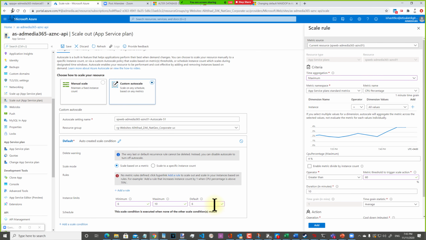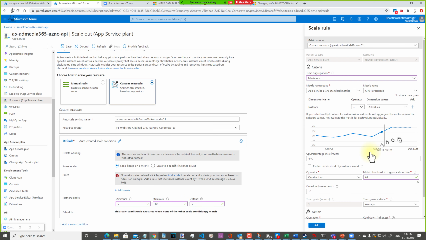In case there are no metrics, no information from the application about current performance, about current status, the application plan will manage this with the default. So with no information, it will use 6.